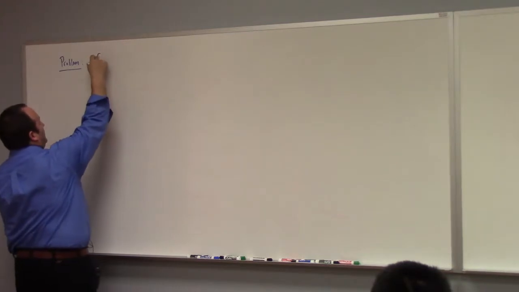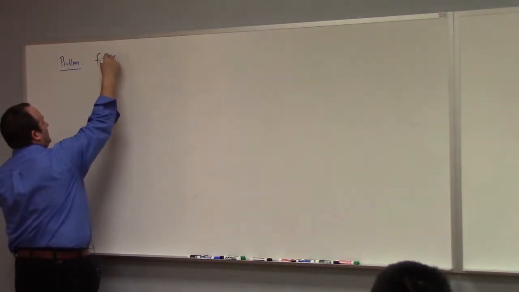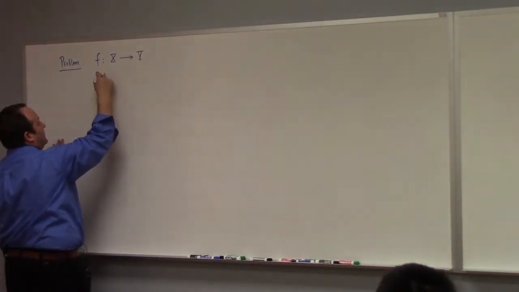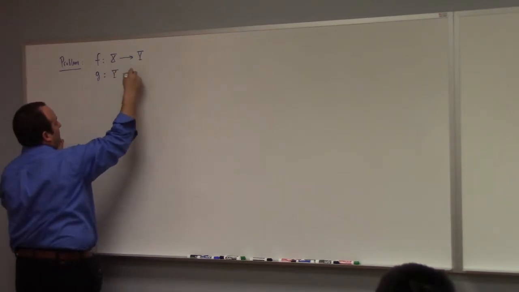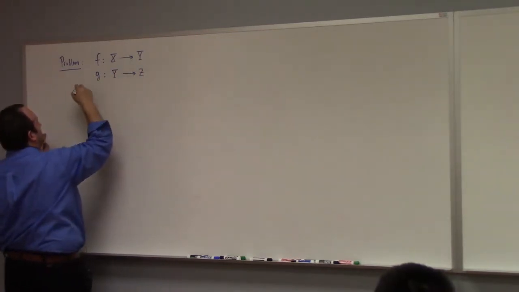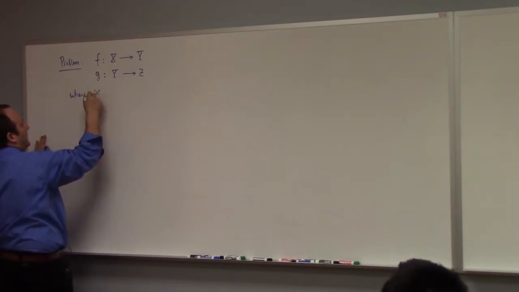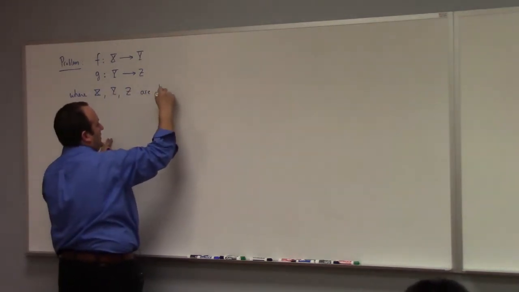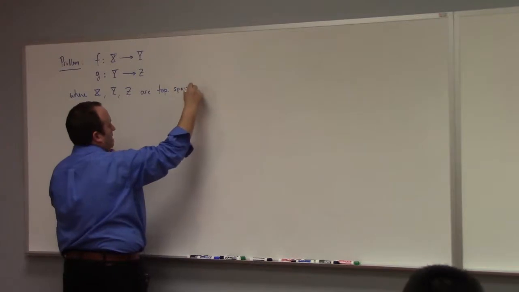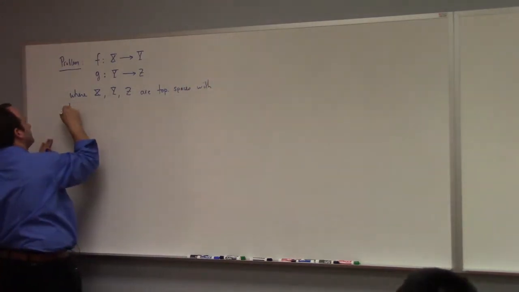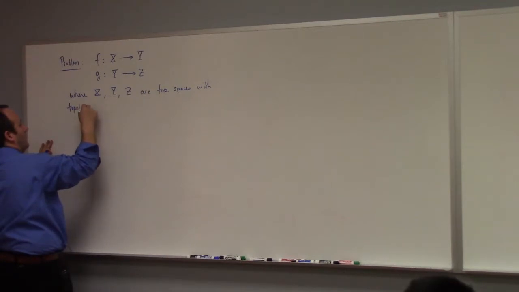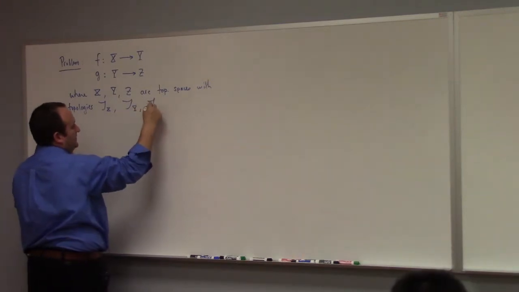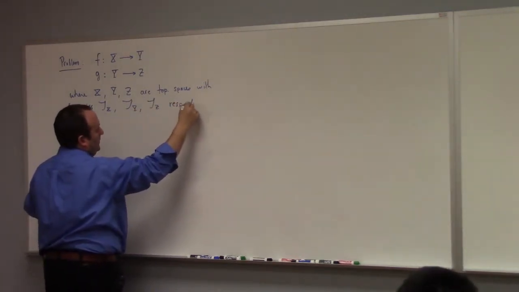Let's suppose we have a function f going from X to Y, and we have another function g going from Y to Z, where X, Y, and Z are topological spaces with topologies tau X, tau Y, and tau Z respectively.